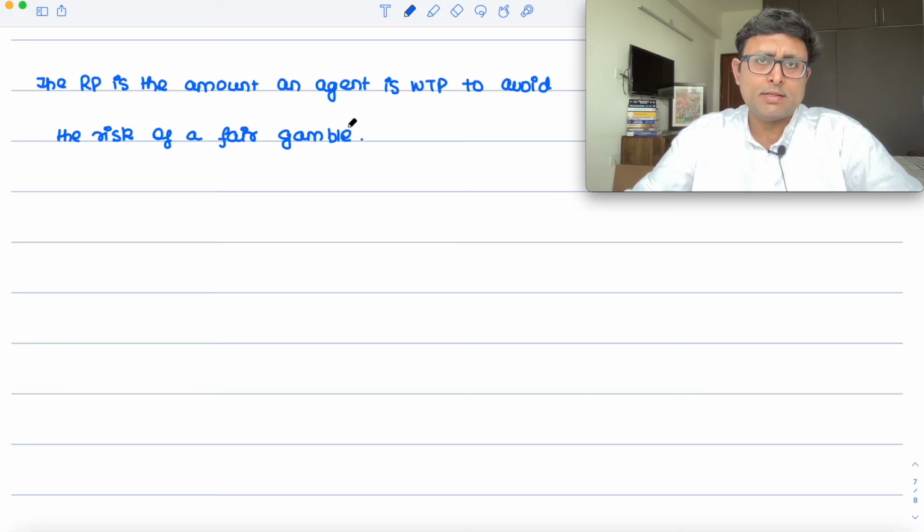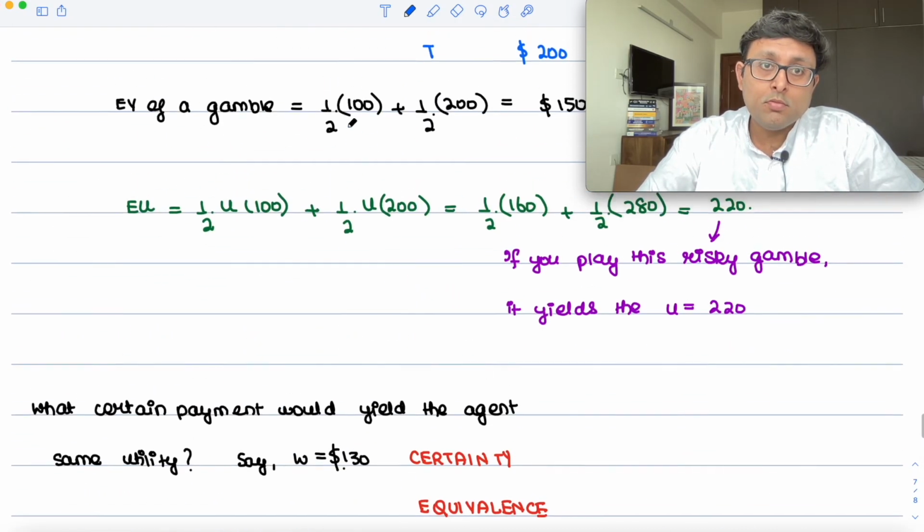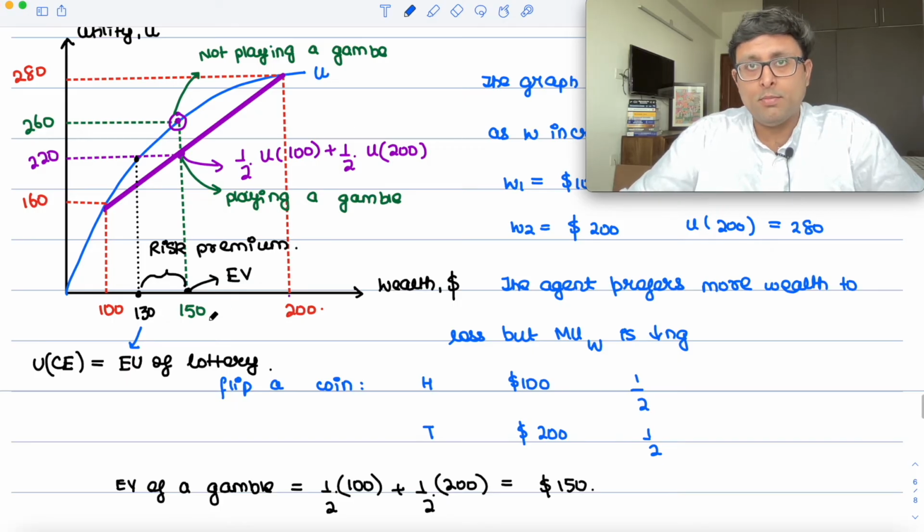So you're avoiding the risk, na? Because if you are getting this much level of income, what you are saying is that, boss, I don't want to play the gamble.